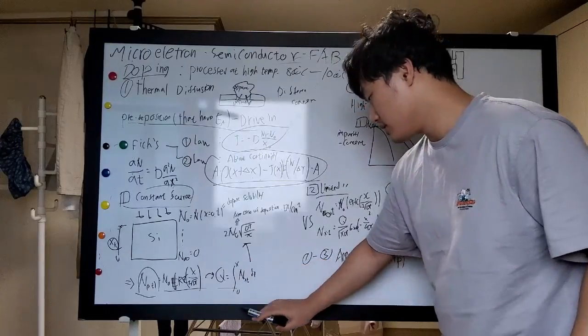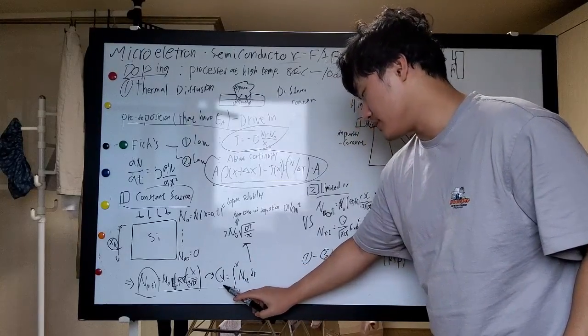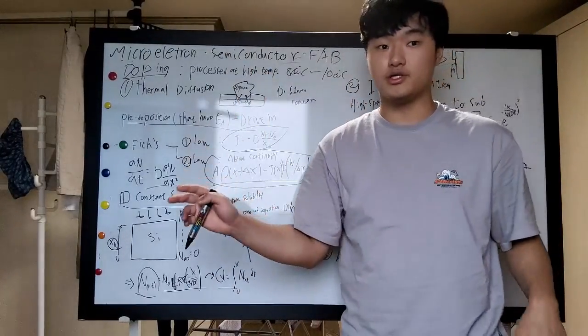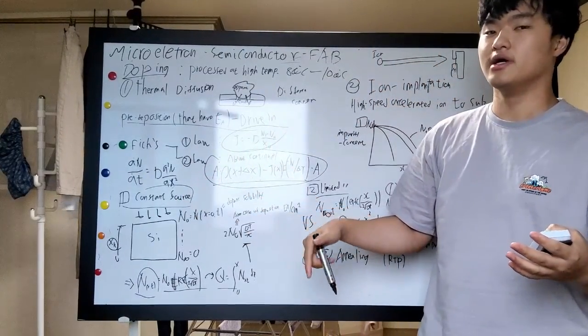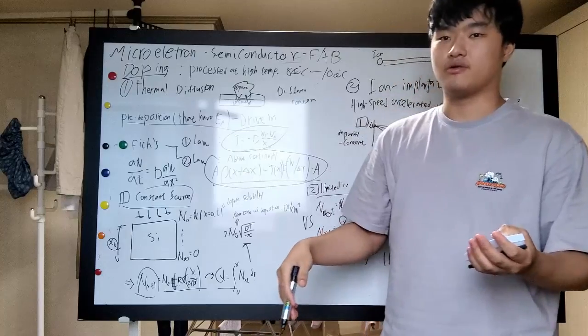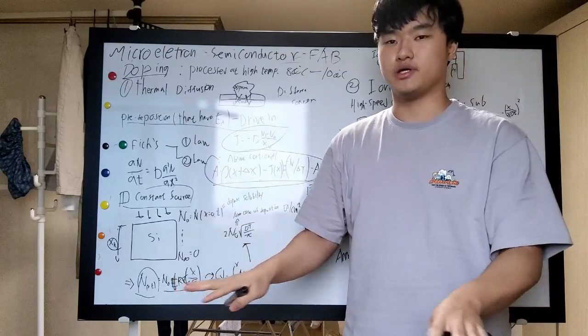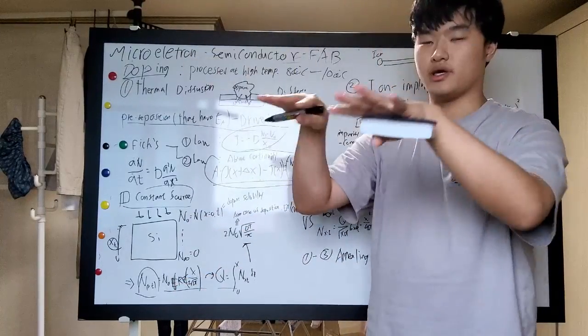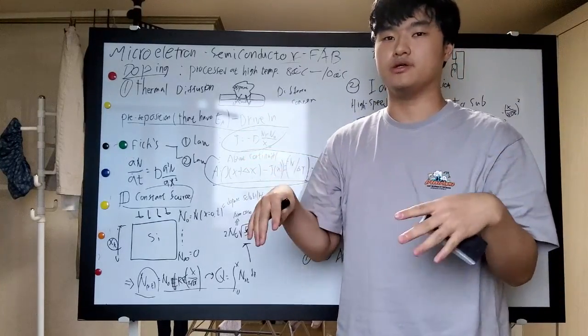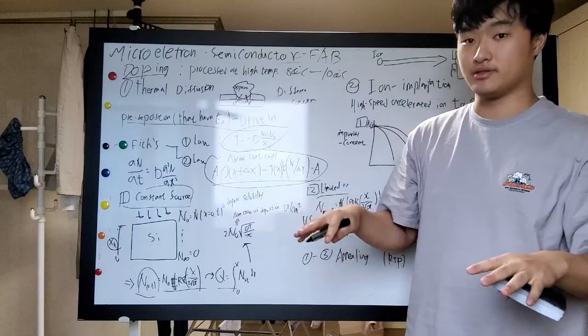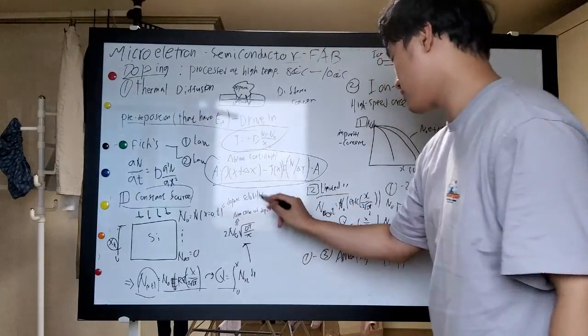So the total charge that the dopant will have will be the total distance of how the areas have been doped and how many dopants there are in an area. Like this.